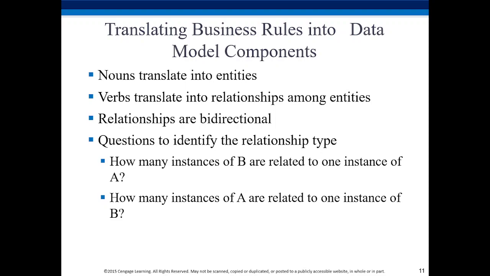So, questions to identify the relationship type. How many instances of B are related to one instance of A? And how many instances of A are related to one instance of B? If a teacher handles many classes, B is the classes and A is the teacher. This is bidirectional.